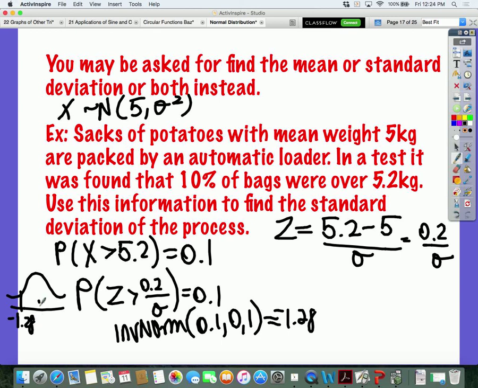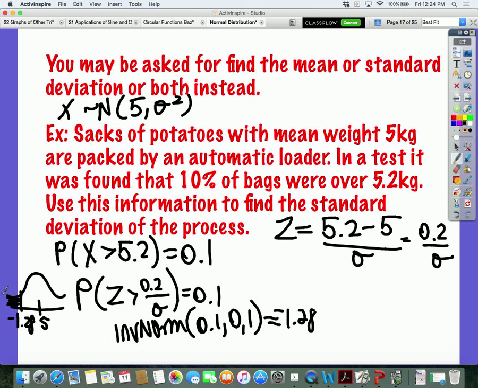All right, and our mean was 5. Okay. So negative 1.28 is here. That probability is that 0.1. Is that to the left of this line or to the right of this line? To the left of this line.